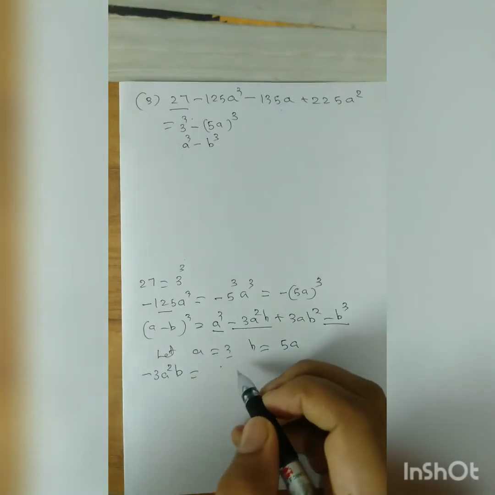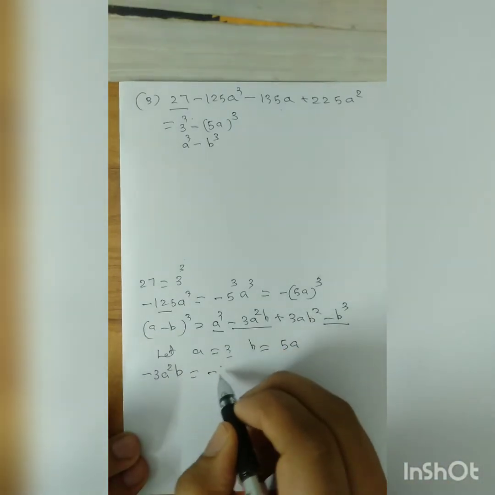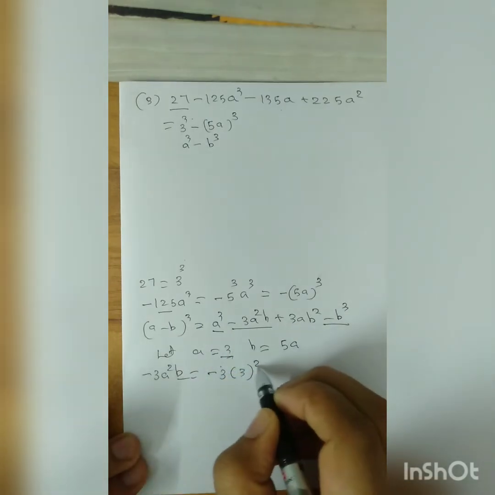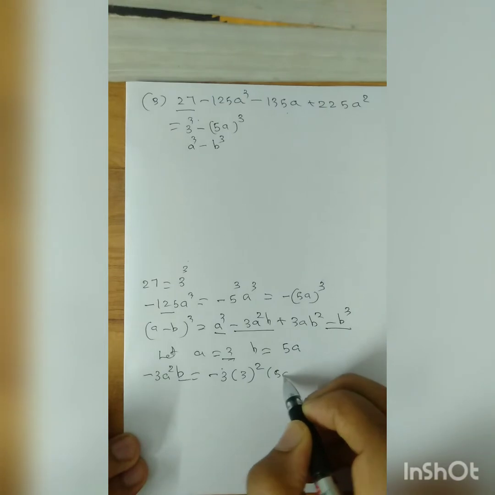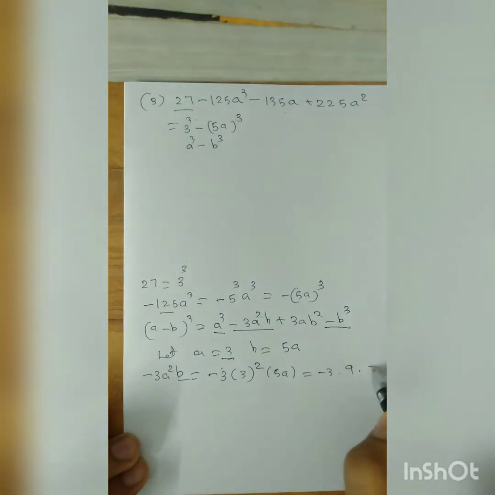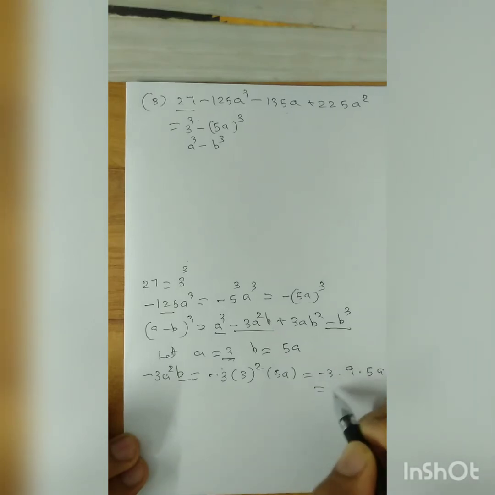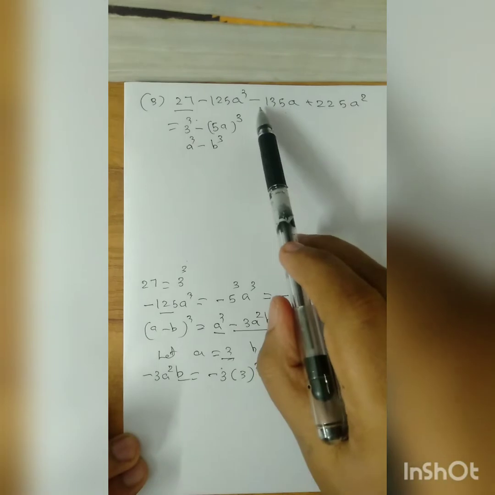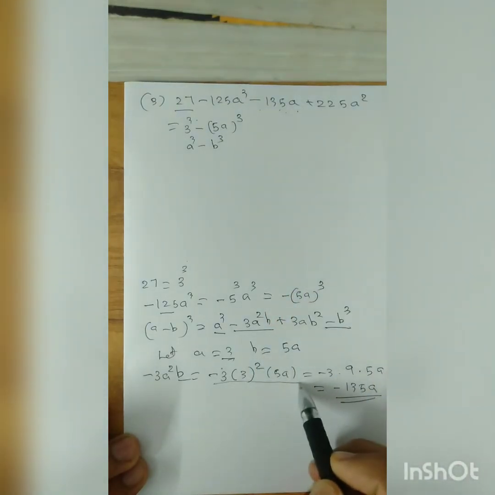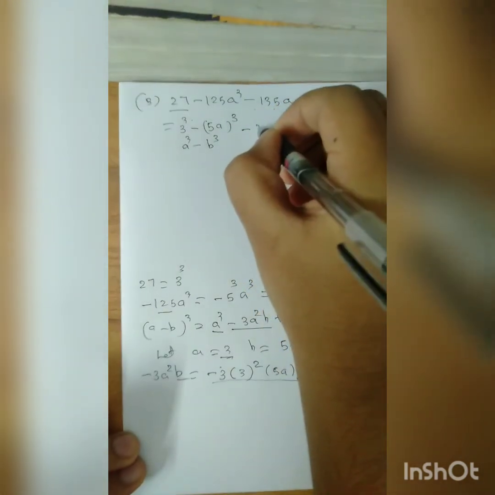So consider minus 3 into a square, where a is equal to 3, square, into b, which is equal to 5a, which is equal to minus 3 into 3 square, which is 9, into 5a, which is equal to minus 135a. That is, minus 135a can be written as minus 3 into 3 square into 5a.